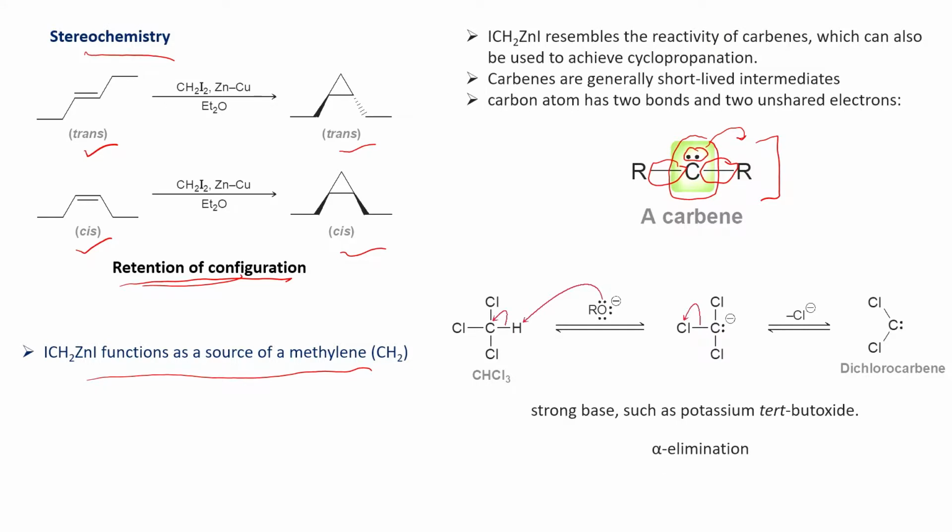And how do you prepare this carbene? When you react chloroform in the presence of a strong base, generally potassium tert-butoxide, it will abstract this hydrogen. And at the same time when the hydrogen is removed, chlorine comes out. This is also called alpha elimination, because both hydrogen and chlorine are coming out from the same carbon. So your product will be dichlorocarbene.